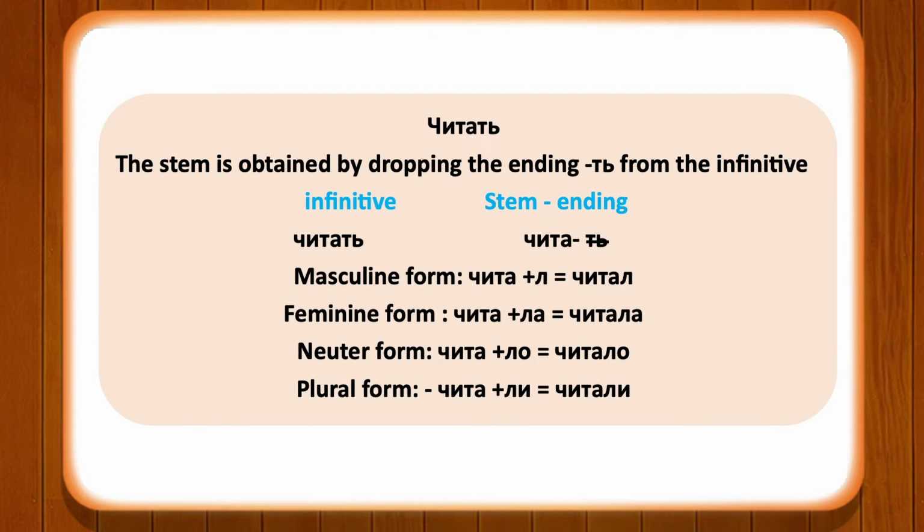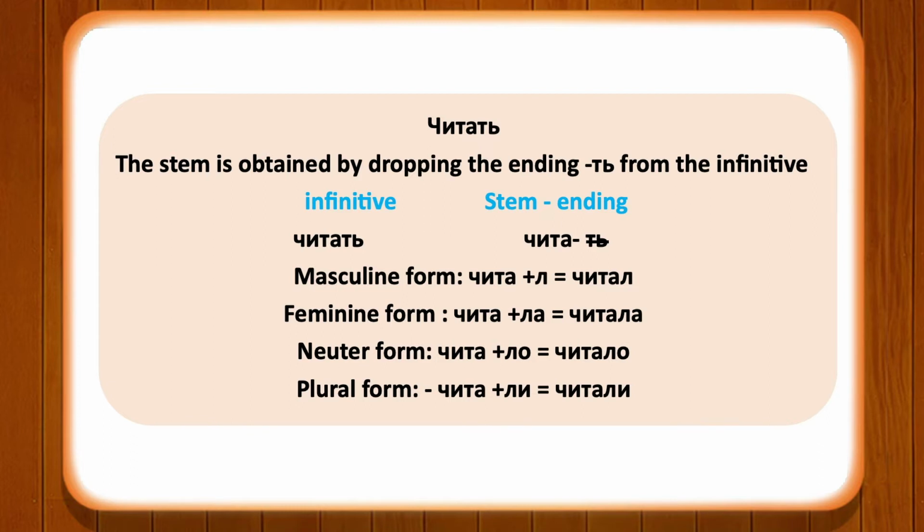The feminine form is made by adding the ending la to the stem. You get the form chitala. The neuter form is formed by adding the ending lo to chita. You get the form chitalo. For plural form, you add the ending li to the stem and make the form chitali.